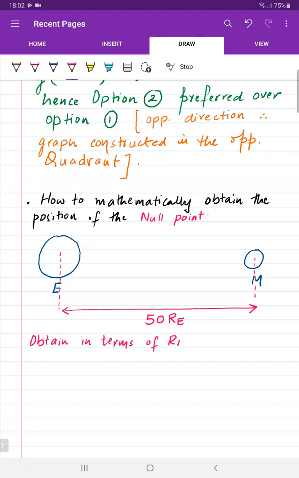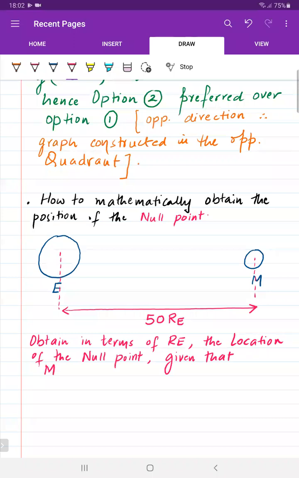obtain in terms of RE the location of the null point given that mass of the earth is 81 times the mass of the moon. ठीक है, जरा सिंबल्स देख लीजिएगा. हाँ अली, जो स्टेटमेंट तुमने लिखा है मैं उसी से स्टार्ट करूंगा. पहले सिंबल्स देख लीजिएगा. सो द टोटल डिस्टेंस बिटवीन द अर्थ एंड द मून center to center is marked and labeled as 50 times the radius of the earth, 50 RE.